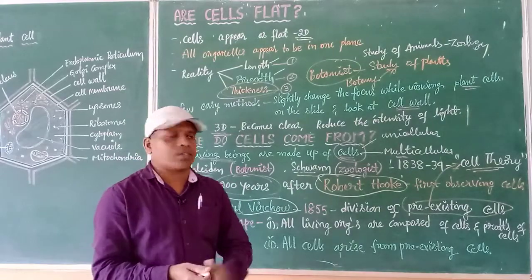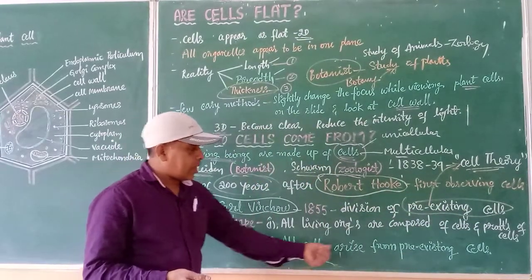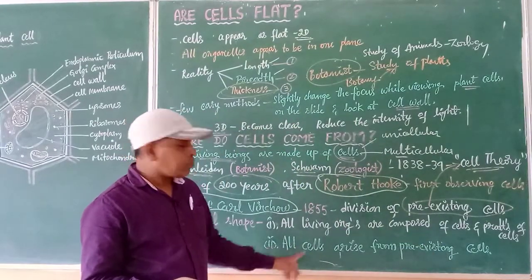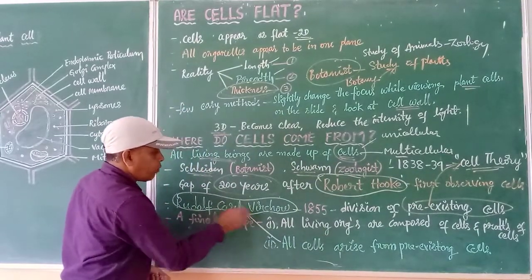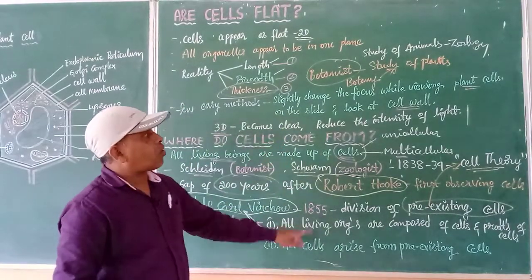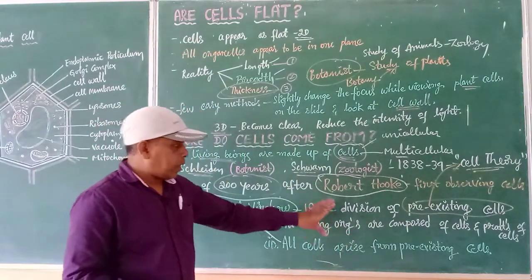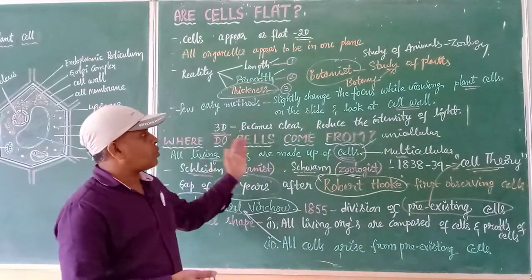An organism consists of cells and its products. Next, all cells arise from pre-existing cells. That is, new cells arise from pre-existing cells. This was the statement given by Rudolf Virchow. So we have a total of two important points related to the cell theory. This is what we call where do cells come from.